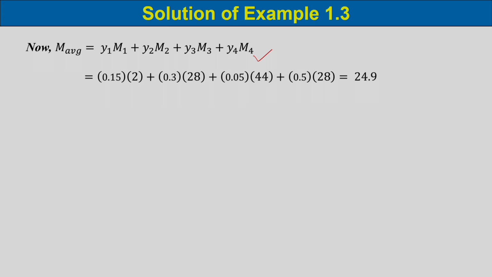So, it is 24.9. V mass average we can calculate as 1 by M average times summation over i equals 1 to n, where n is the total number of components, which is 4, so n is equal to 4, of y i M i V i.